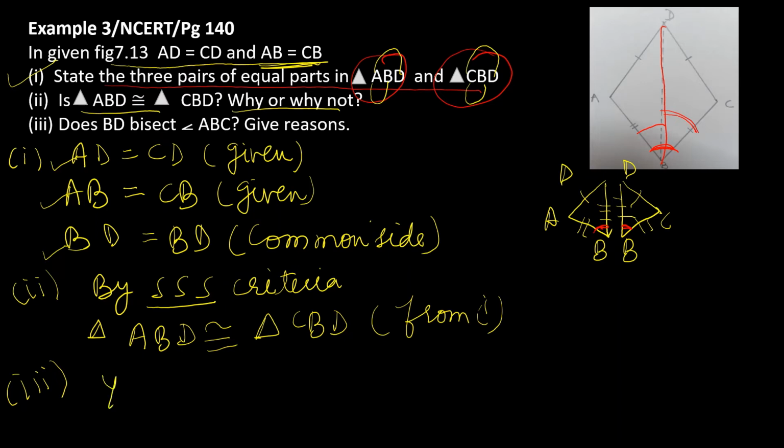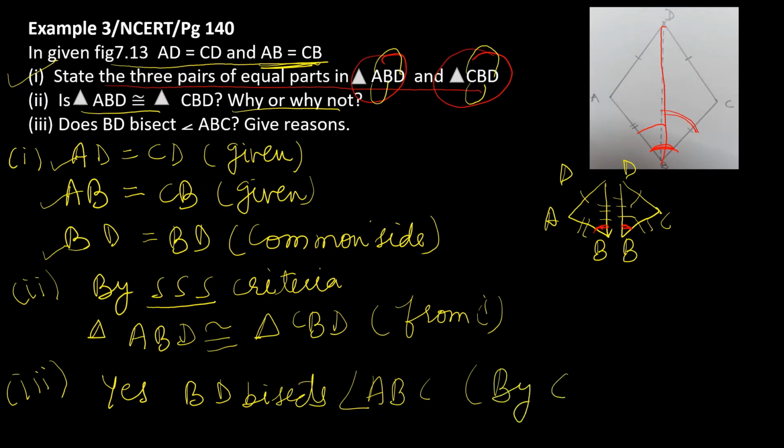The three sides we have already proved, 3 angles are also equal. So we can say BD bisects the angle ABC, right? So the angle B, we can write it as by CPCT, because corresponding parts of congruent triangles, the angles also will be equal. So we can see the angles are equal.